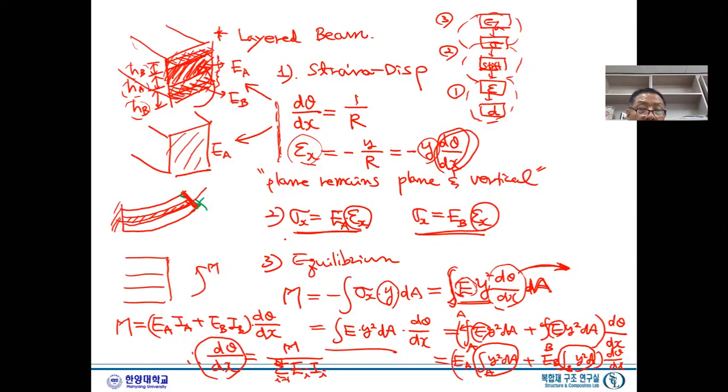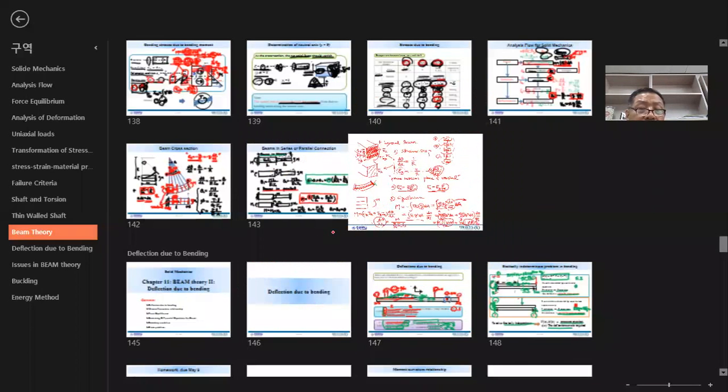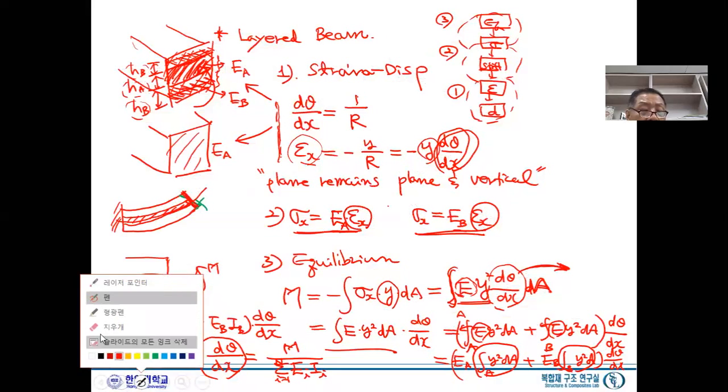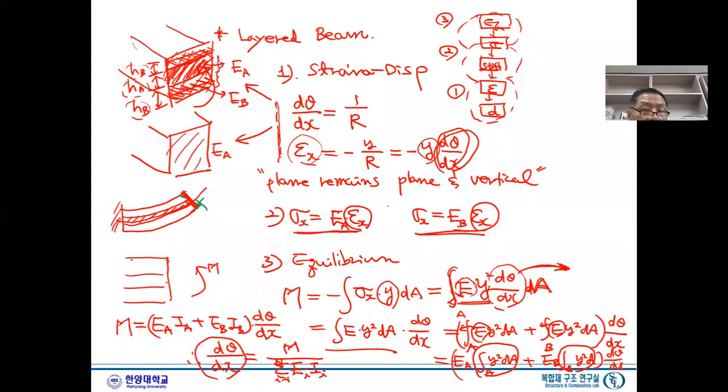If we draw the sigma x distributions, now this EA and EB are different, so the moment distribution and the stress distribution from this relation can be like that, and like that, and like that. So this is the stress distribution.